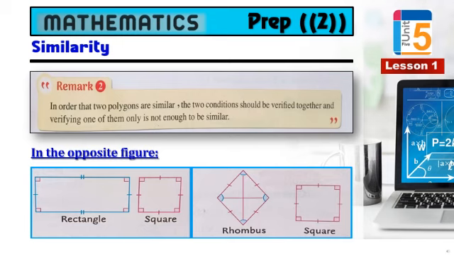Each of them is a right angle, but their corresponding side lengths are not proportional. Also, the square and the rhombus are not similar polygons, although their corresponding side lengths are proportional, but the measures of their corresponding angles are not equal. So the square and the rhombus are always not similar.